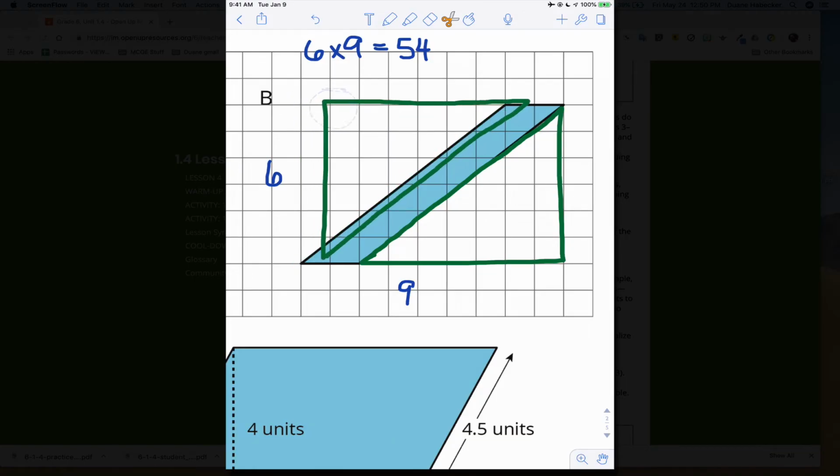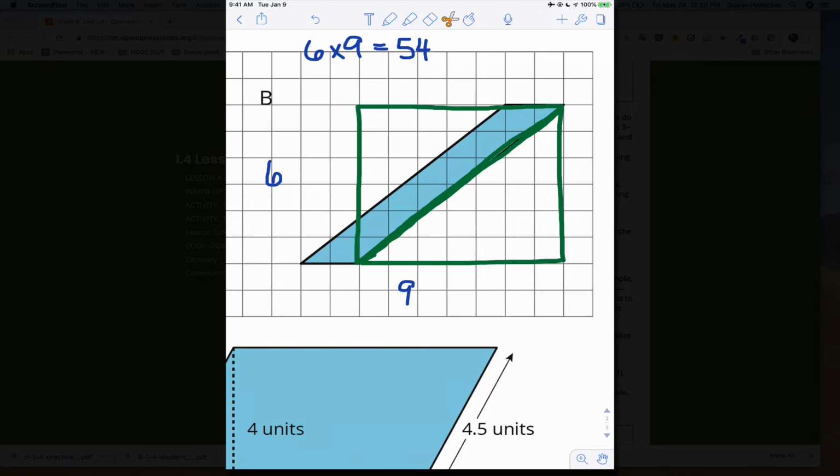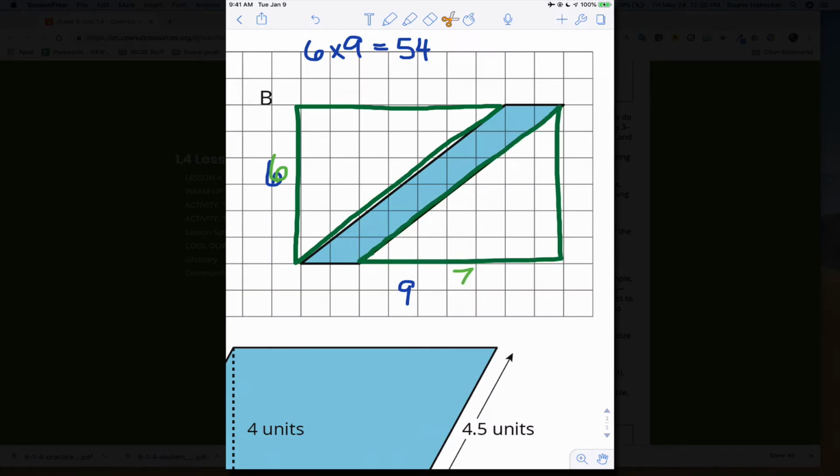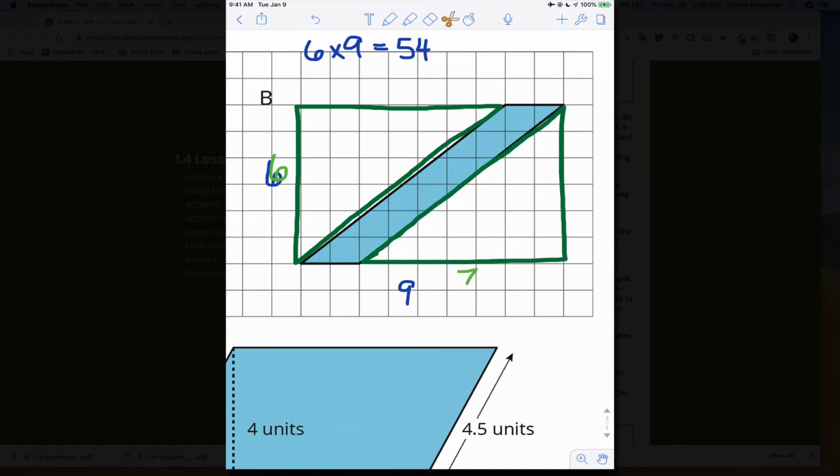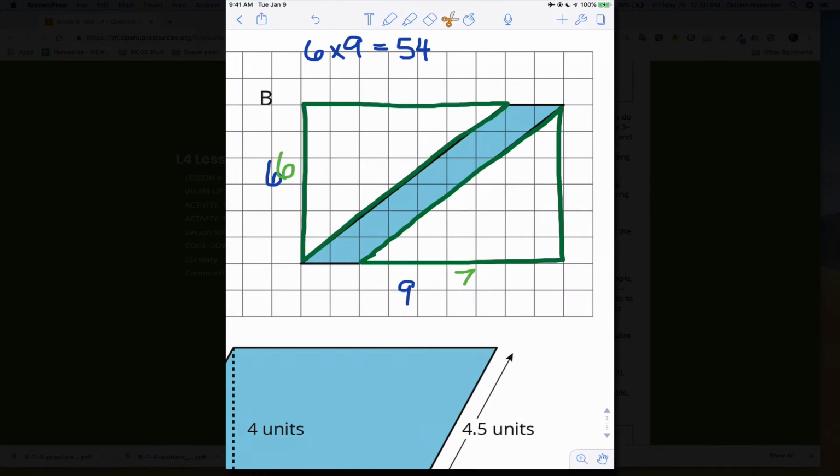I can scooch it over here, and I can see that it has a height of 1, 2, 3, 4, 5, 6, and a width of 1, 2, 3, 4, 5, 6, 7. So it forms a rectangle that is 6 units high and 7 wide, so 6 times 7 gives us 42. So this white piece right here, the non-part, and this piece right here, total 42 units.